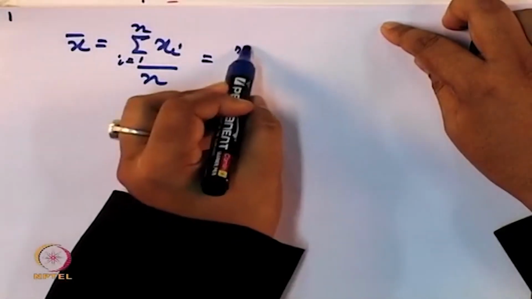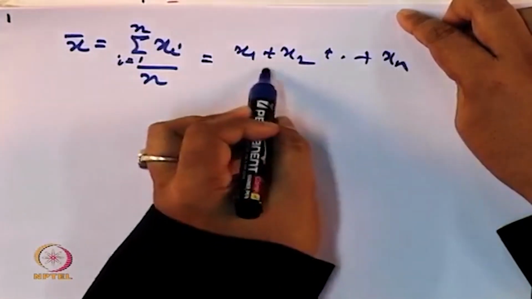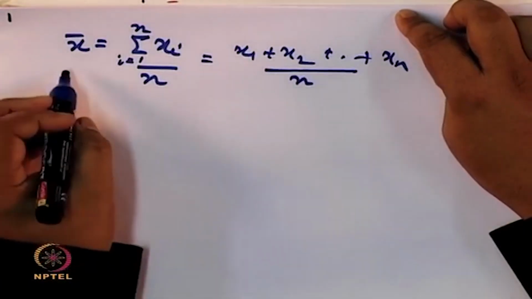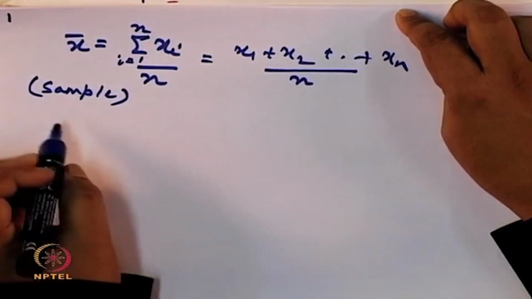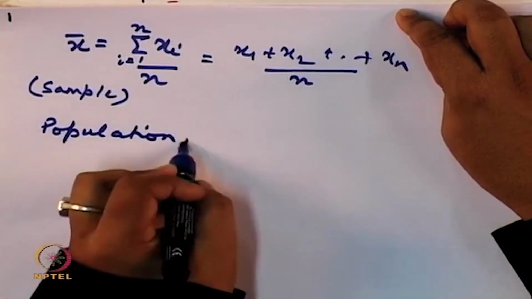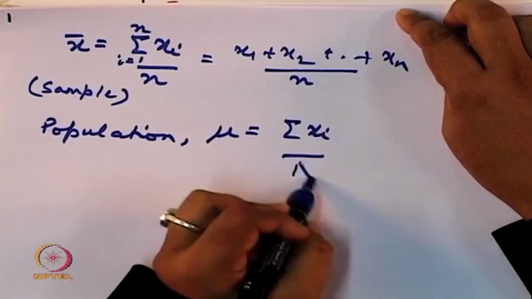So, it is simply x1 plus x2 plus up to xn, divided by n. And as per jargon, this x bar is for a sample. If you are doing it for a population, then you replace x bar by mu and it is summation xi by capital N.